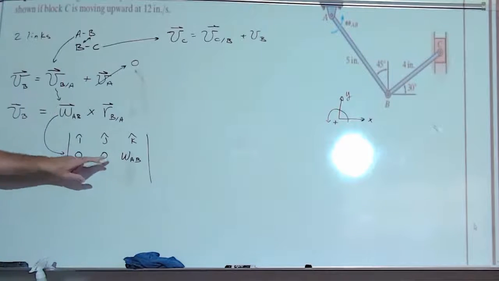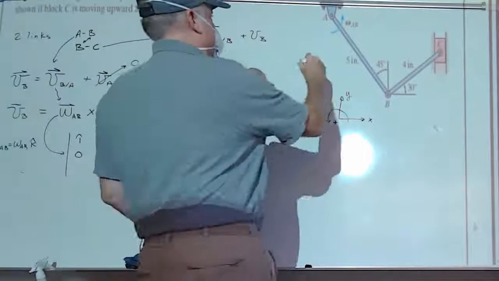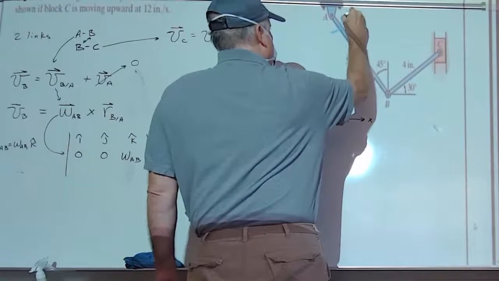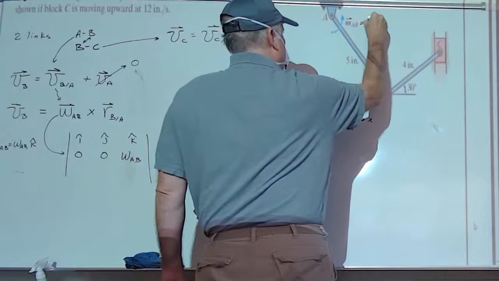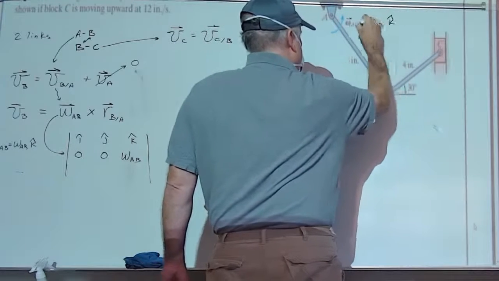This is the number, that's the vector, so it sounds weird, but omega AB is equal to omega AB, which is different. It's like a number times K. So it's a twist coming towards you. And so in this particular case, the vector is equal to omega AB, a scalar number times K.